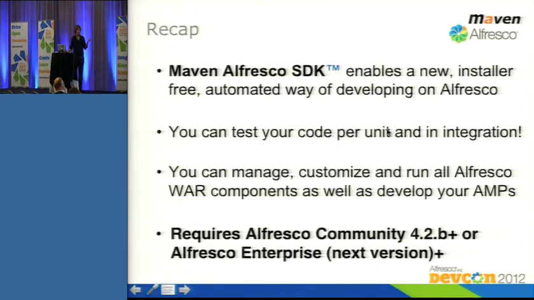You can unit test and integration test your code, and that's going to be good for you, but especially good for me as a consultant coming in to solve problems. And obviously, you can manage pretty much all the components. As I said, 4.2b is required to actually work on this.